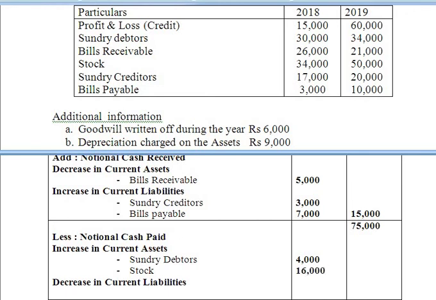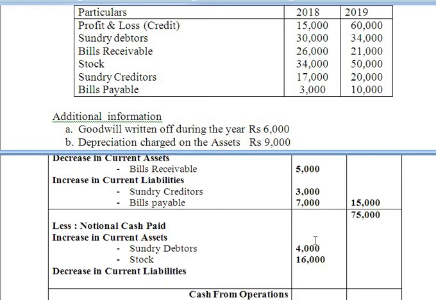So the increase in the amount of stock is 16,000. Next we have decrease in current liabilities, but we don't have any amount of decrease in current liabilities. Before making the total, put a dash here.